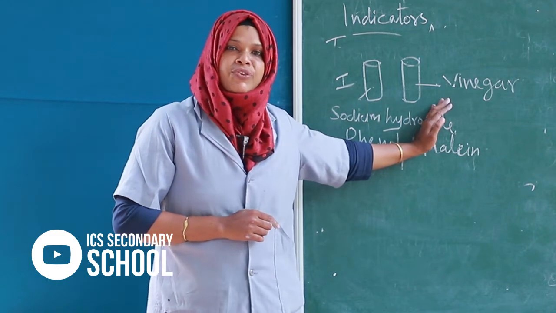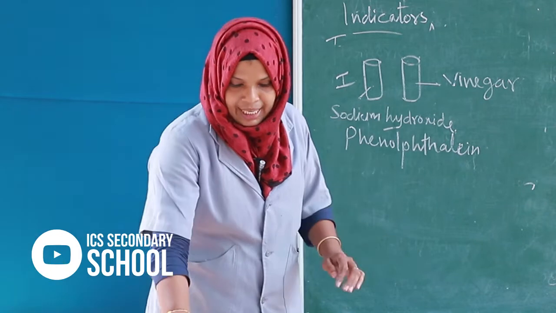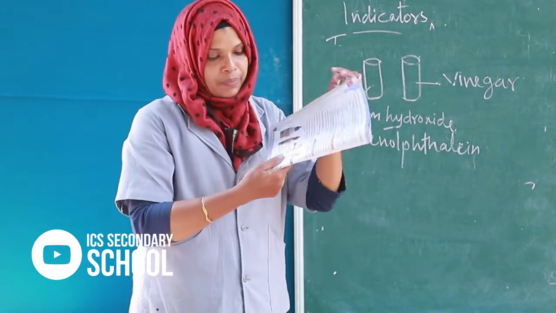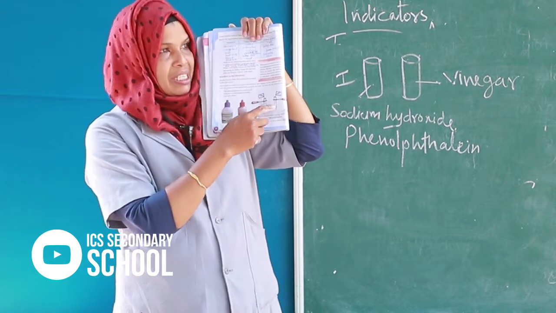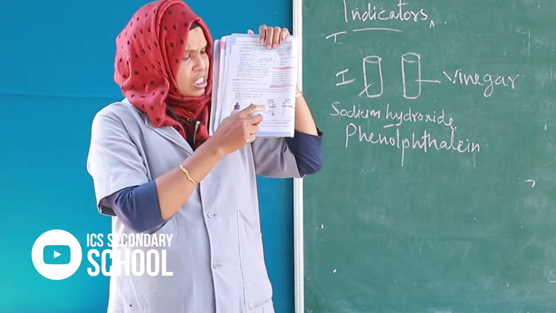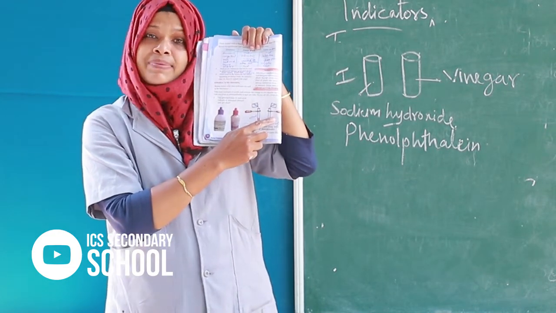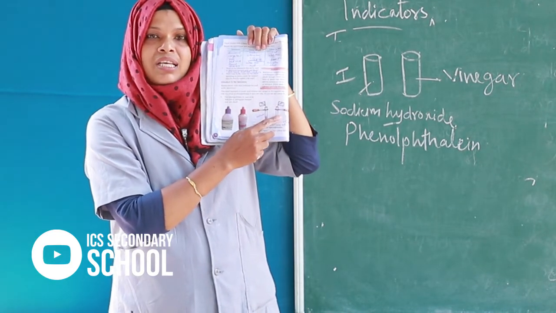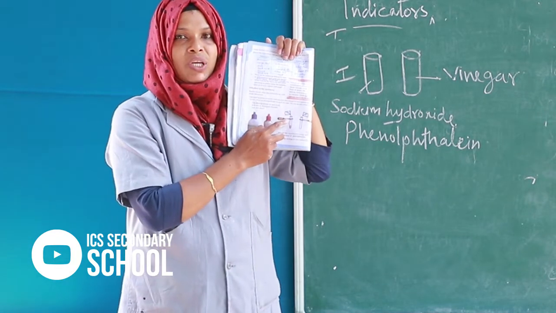What is your observation? In your textbook page number 44, this picture indicates this experiment. This is the first test tube and this is the second one. The solution taken in test tube 1 is sodium hydroxide.